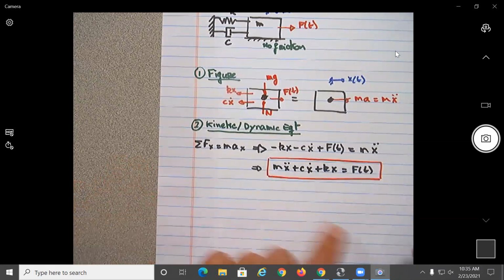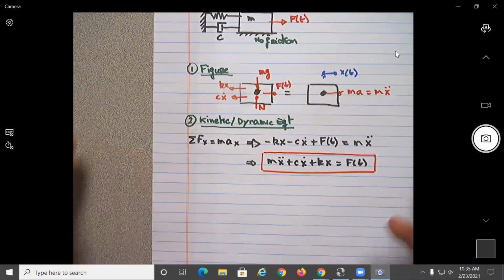Okay, so here, this is the form that I like to keep, all right? But let me just rewrite it here.